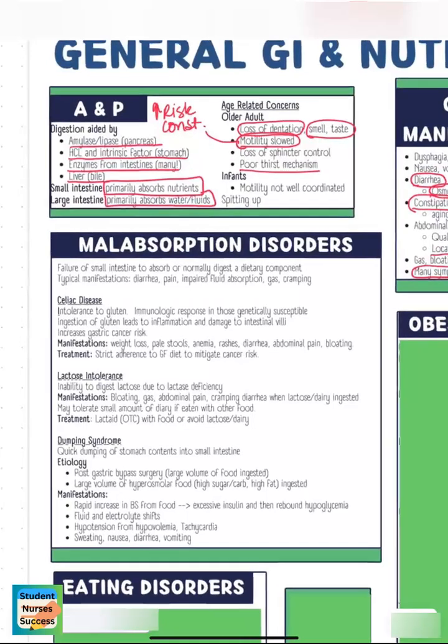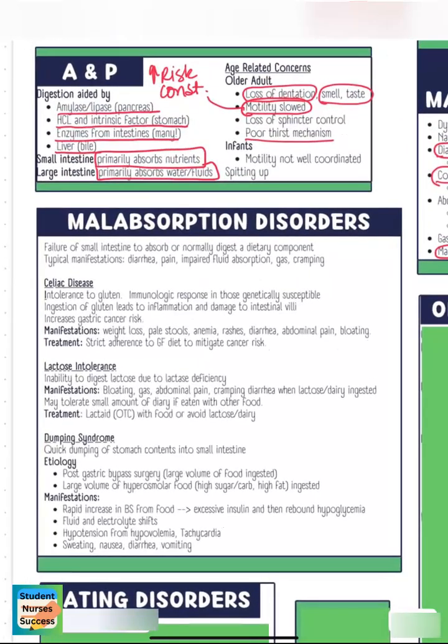Let's talk about our malabsorptive disorders. Malabsorptive disorders are really defined as the failure of the small intestine, because remember, the small intestine is really the one that absorbs the nutrients. So it's failure of the small intestine to absorb or normally digest dietary components.